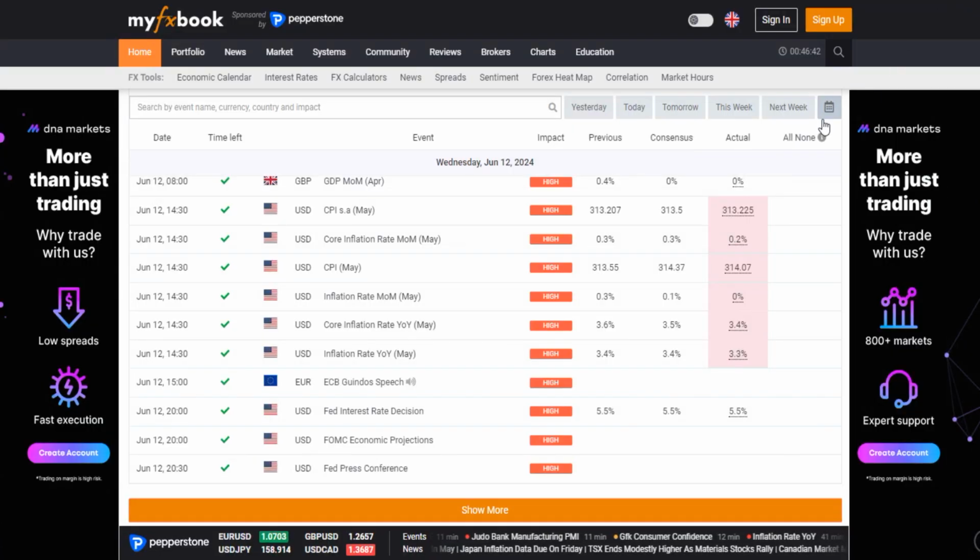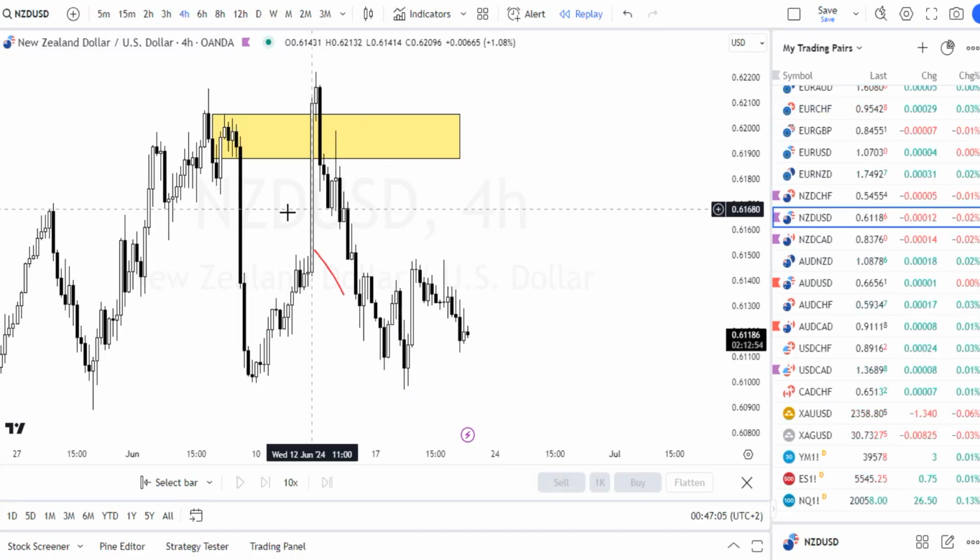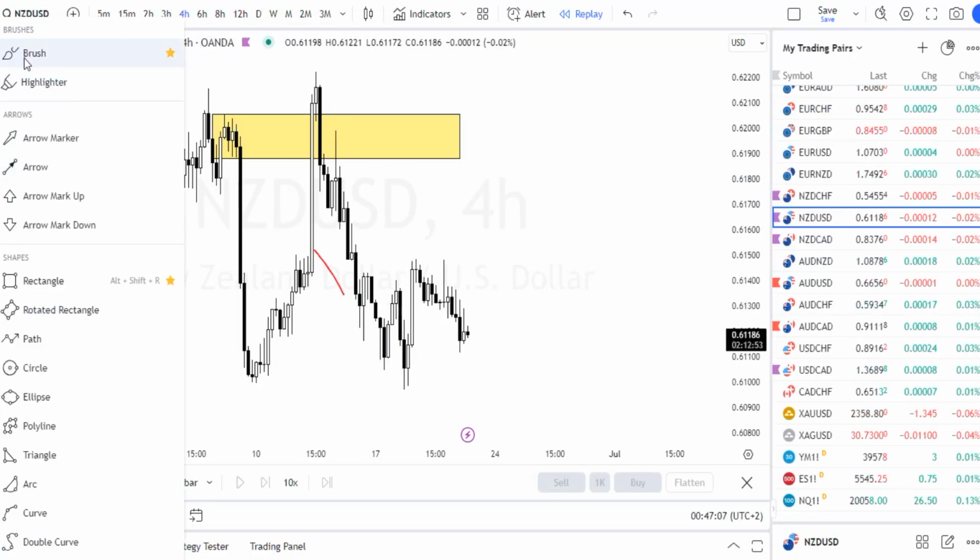So I'm in my FX book, and as you can see clearly, on 12 June there was some big news: CPI, inflation rate, and a Fed interest rate decision, and that's why it did not work.